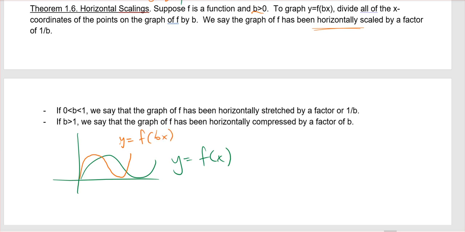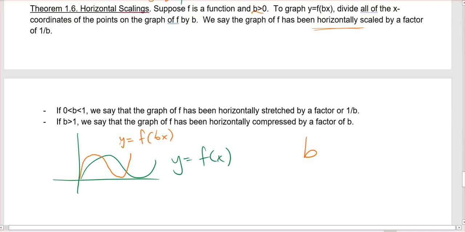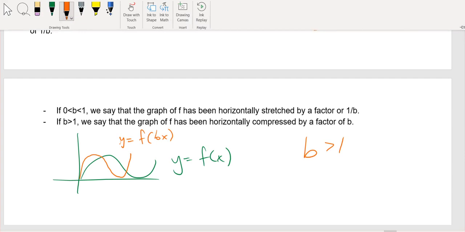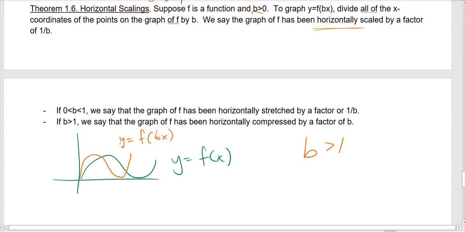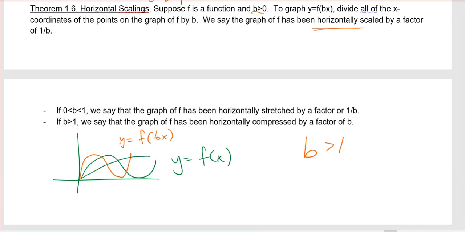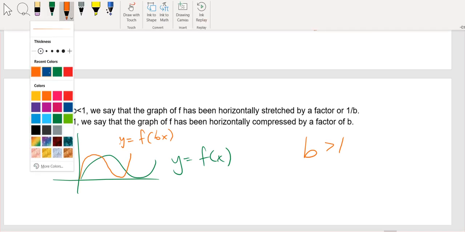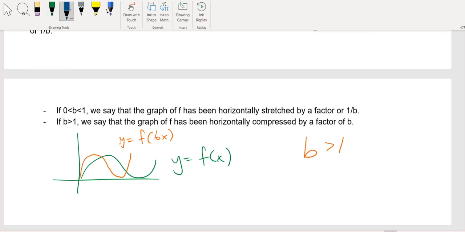And let's say here b is bigger than 1. If we have b bigger than 1, then I would draw the horizontal scaling. I wanted that to be blue, so you've got to push the blue button.